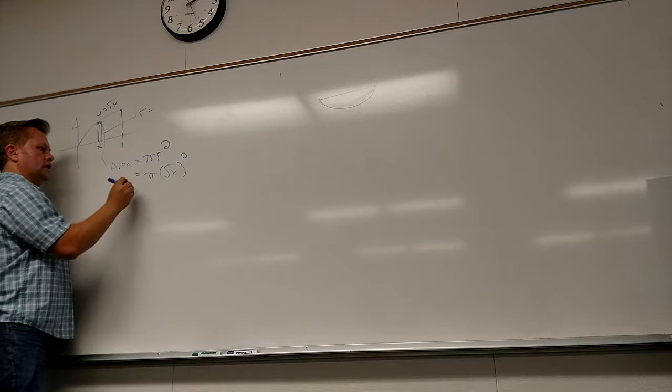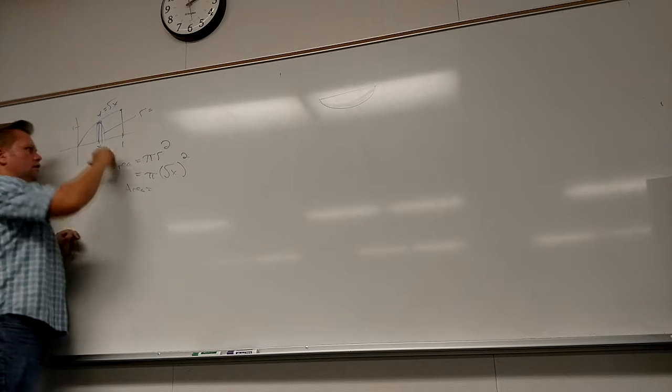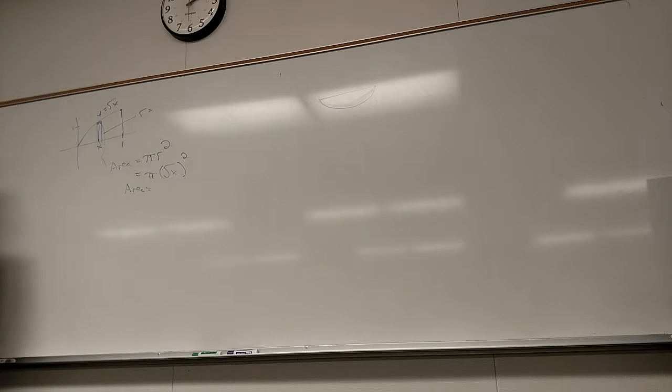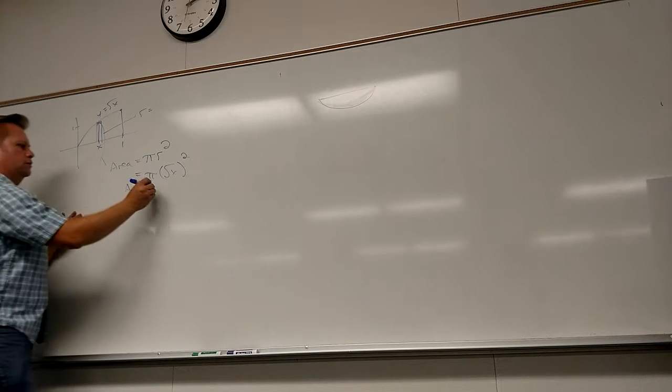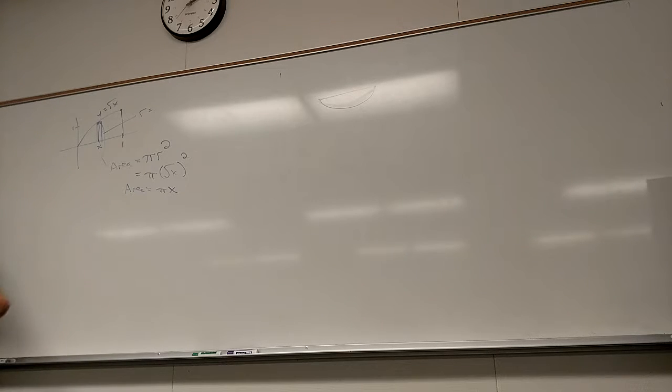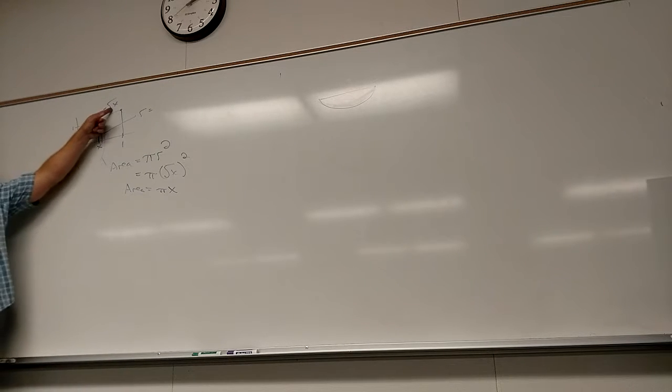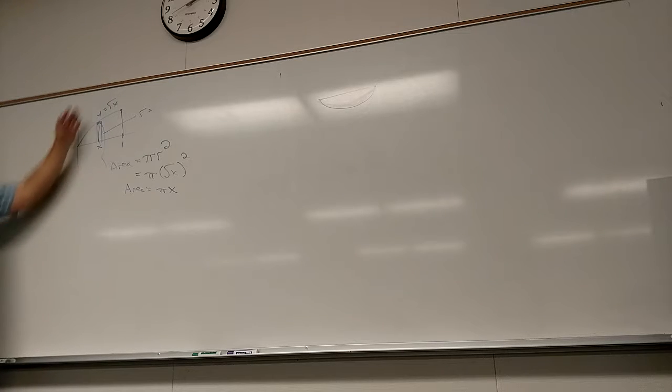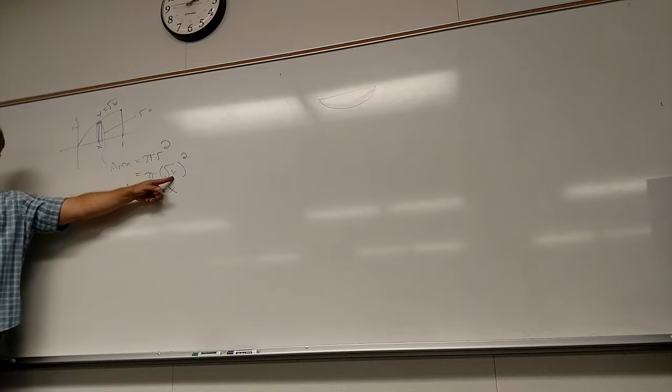Square root of x. So the area of any cross-sectional slice circle is pi x, just because of the square. So whatever that function was, I can make it x squared, whatever I want, and then rotate just like we're doing, that's going to be the radius.